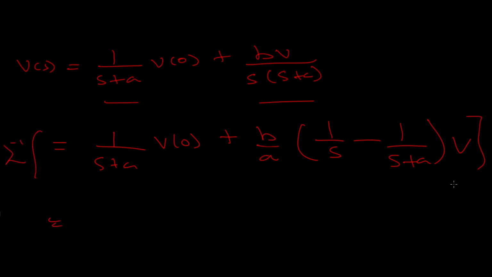Inverse Laplace of this, so V(s) becomes v(t) because of inverse Laplace, and v0, the initial condition, times 1 over s plus a, again e to the power minus at, go to the Laplace table. b over a is a constant and remains the same.